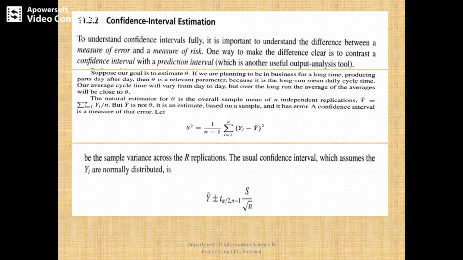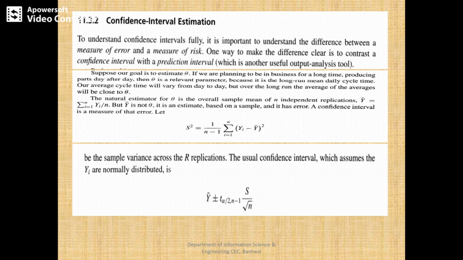So we have just discussed absolute measures of performance, and their estimation, mainly point estimation and confidence interval estimation, are important.